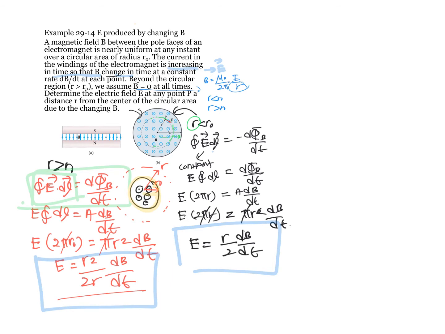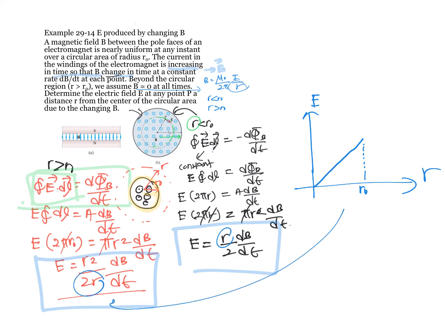So the graph that we are going to get is E versus R. Basically inside this circular area, the electric field is directly proportional to R up until R0, and beyond that it is inversely proportional.